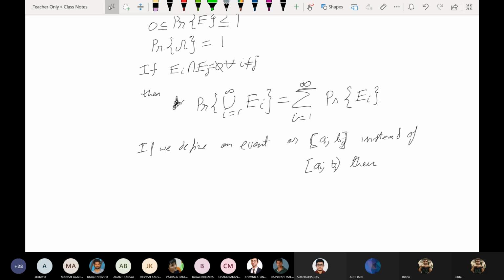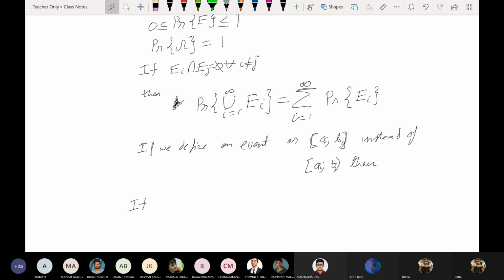Also, this and, but sir, this is like taking the value of the limits in an integral. Even if we take the boundary value, it's a zero measure set.